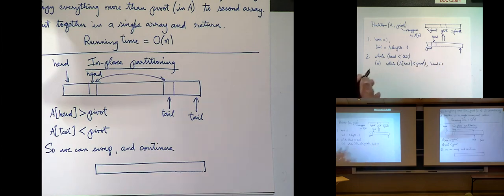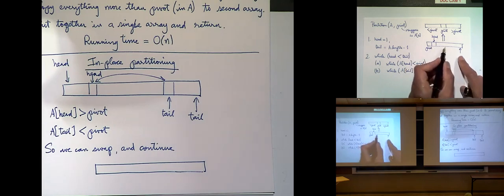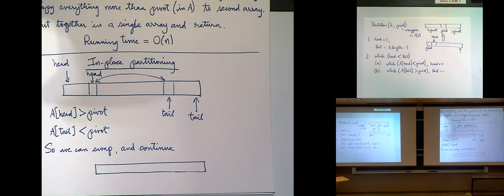We'll do head plus plus. While A of the tail is greater than the pivot, I'll do tail minus minus, right? So I keep incrementing the head as long as it's less than the pivot. I keep decrementing the tail as long as it's greater than the pivot.